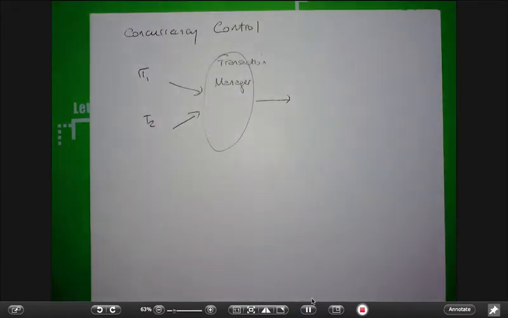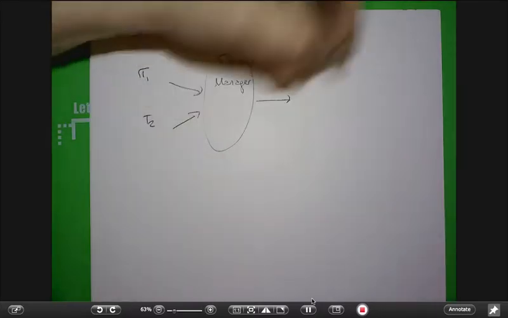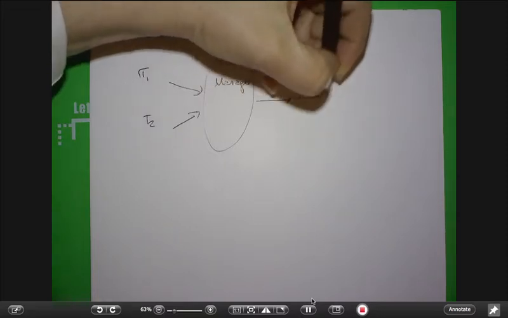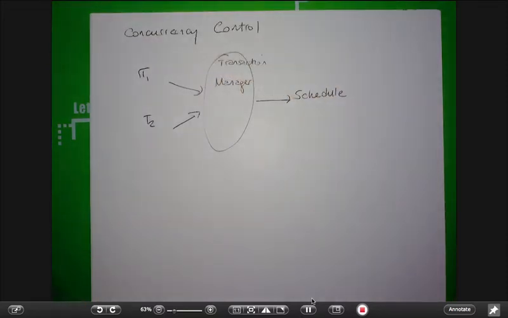And if a transaction is trying to do something that the manager doesn't allow, they are told to go into sleep. Go sleep until I can tell you to continue. And as a result of that, certain sequences of operations are possible, some are not. And what is produced is the schedule that this transaction manager allows.